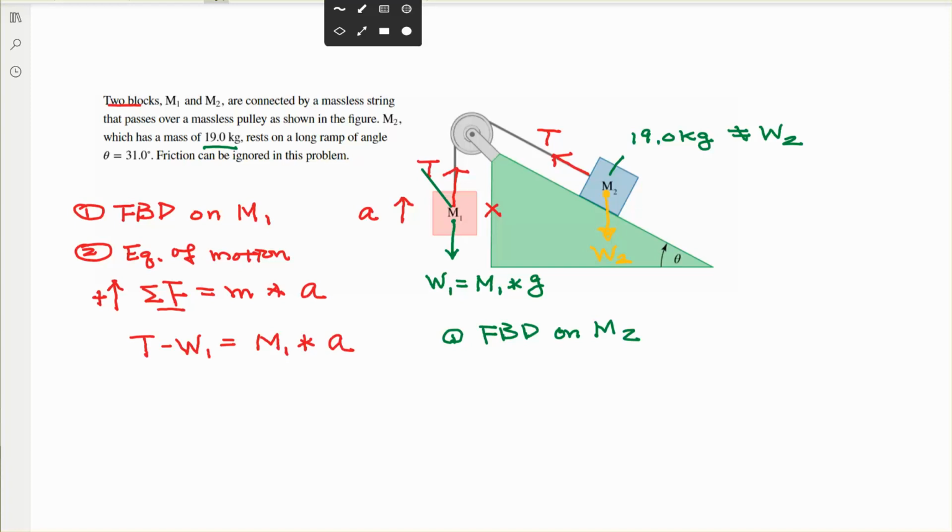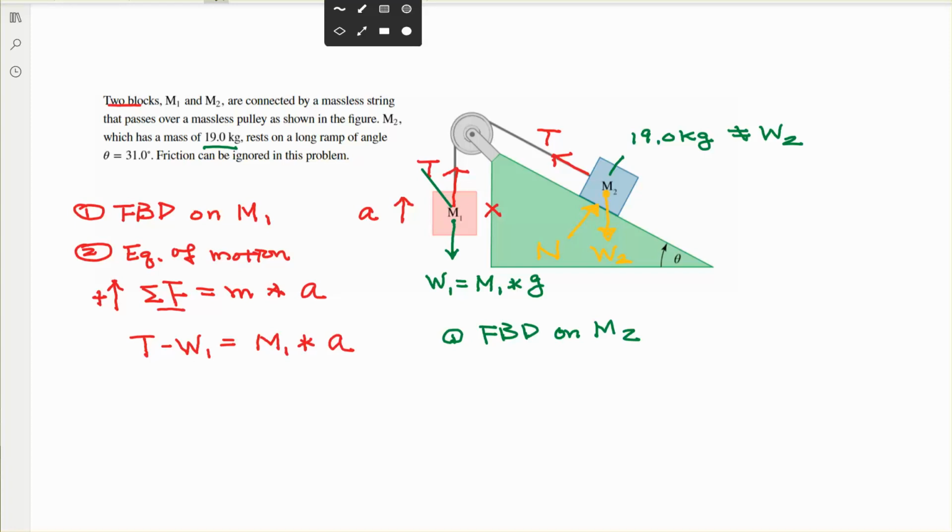Are there any other forces acting on this object? Well, yes. The block and this ramp touch each other, so there is a normal force, or the supporting force from the ramp to the block. So this one I will write an N over here.